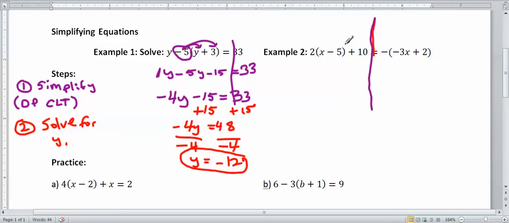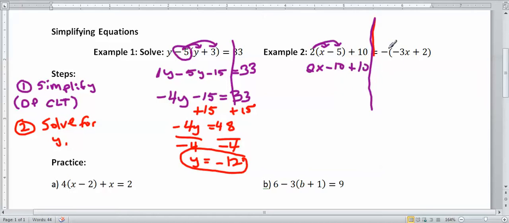So before I do anything, I'm going to simplify. Put up the wall. Remember, one side doesn't affect the other until you start removing things. So distribute the x, distribute the 2. I get 2 times x is 2x, 2 times negative 5 is negative 10, plus 10.